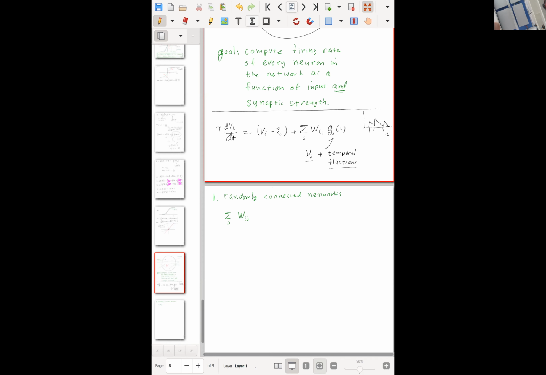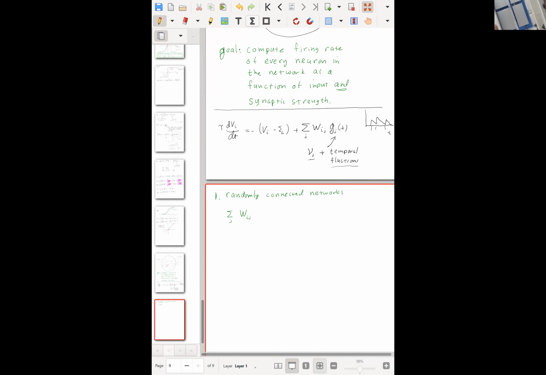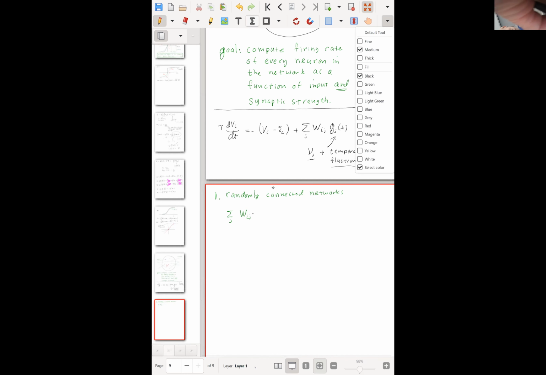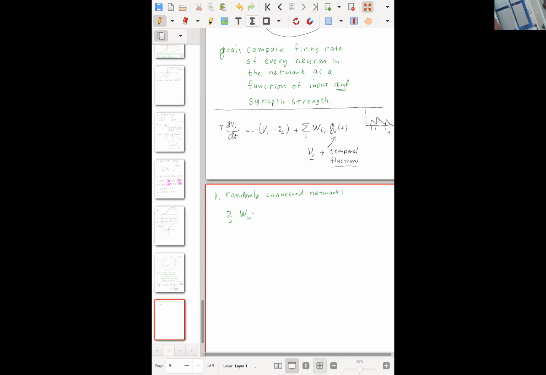Random connectivity is nice because we can write the sum on j of Wij nu j equal to the sum on j of W bar nu j plus the sum on j of delta Wij nu j.